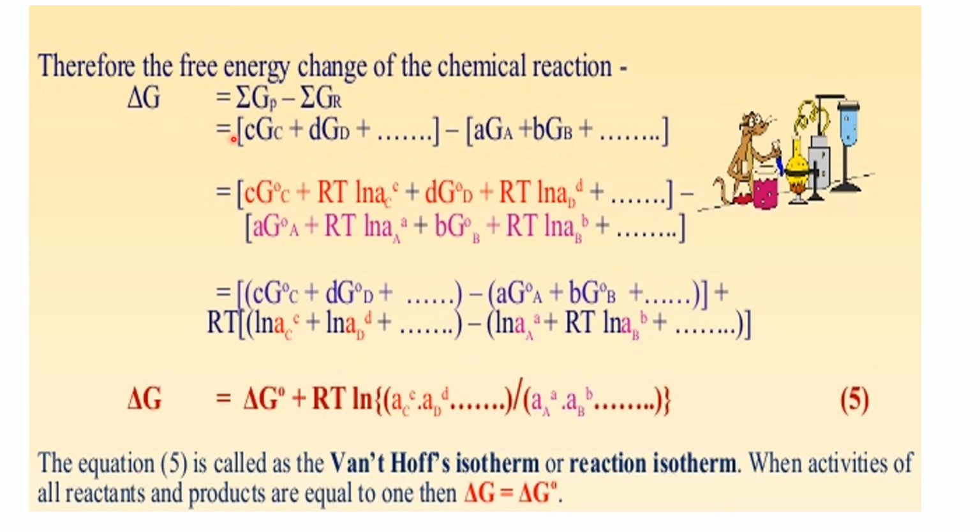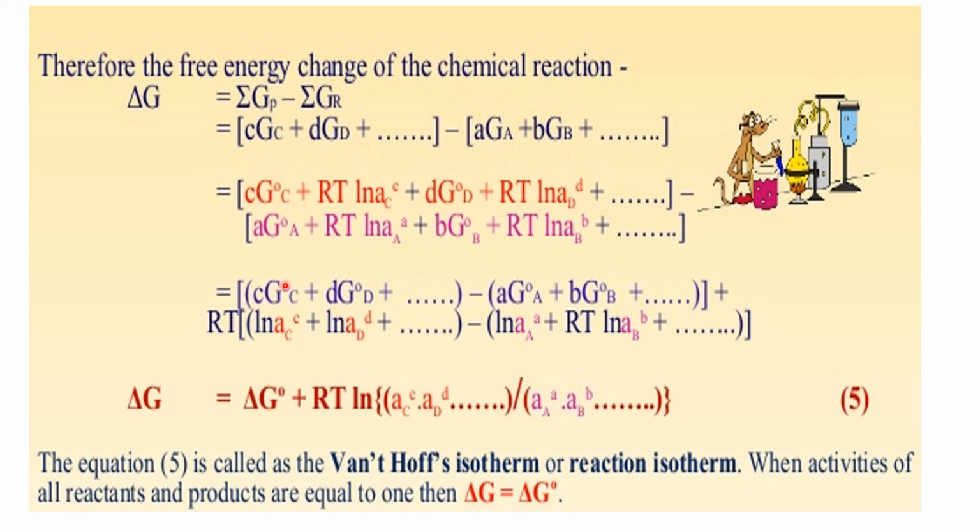On the product side we have G_C and G_D. On the reactant side we have G_A and G_B. So we are substituting the values of G_A, G_B, G_C and G_D here. We know G_C is equal to G0_C plus RT ln a_C raised to c. Similarly, G_A is equal to G0_A plus RT ln a_A.